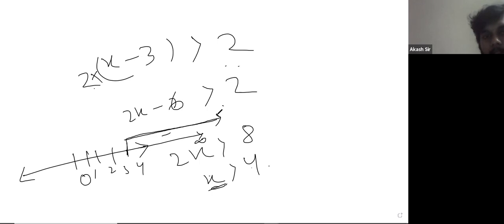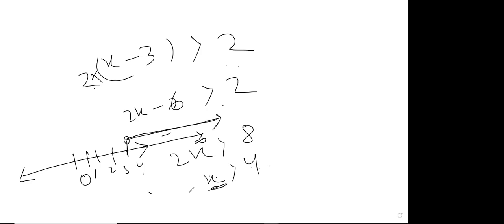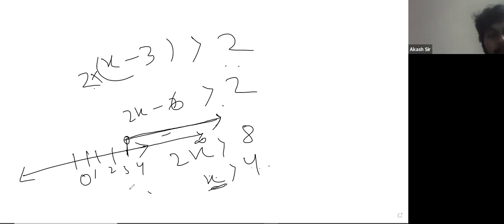This will be the solution on the number line. But 4 is not included, right? X is strictly greater than 4. So we'll put an open circle on it. Everyone got it? Yes. Okay. Please finish it. Write the solution on your copy.